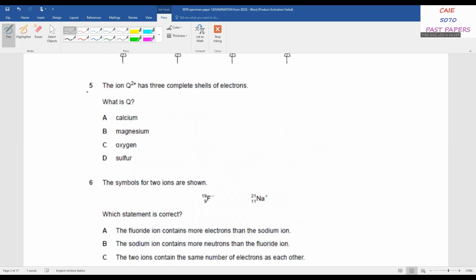Number 5. The ion Q2+ has 3 complete shells of electrons. What is Q? Q2+ means it must be a metal which has lost 2 electrons. Now look at the periodic table. They said that 3 complete shells of electrons.